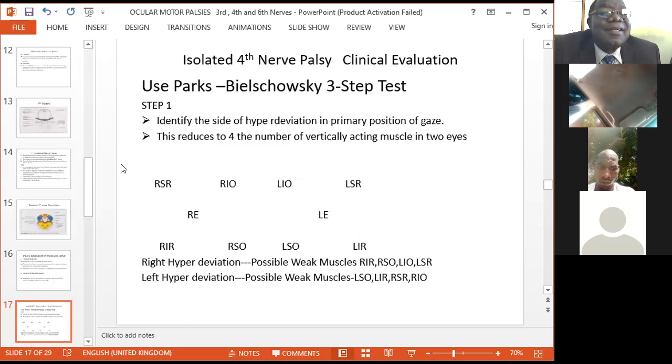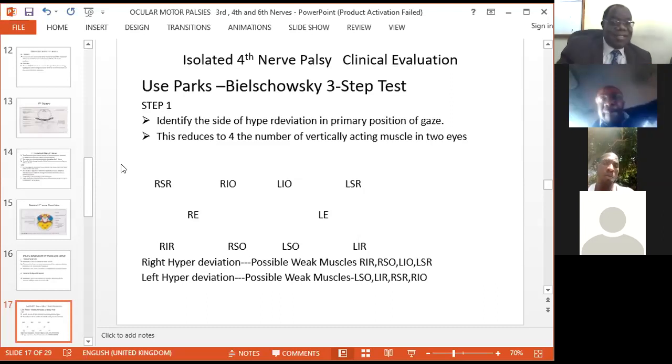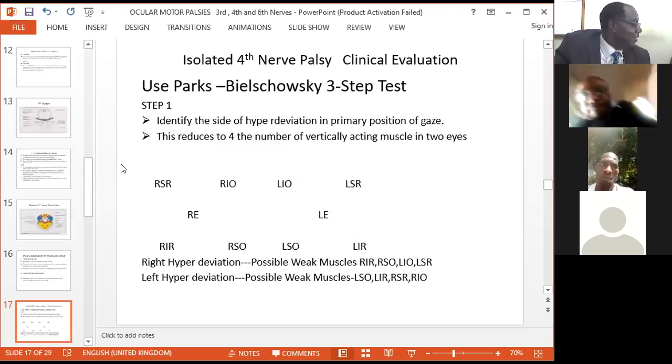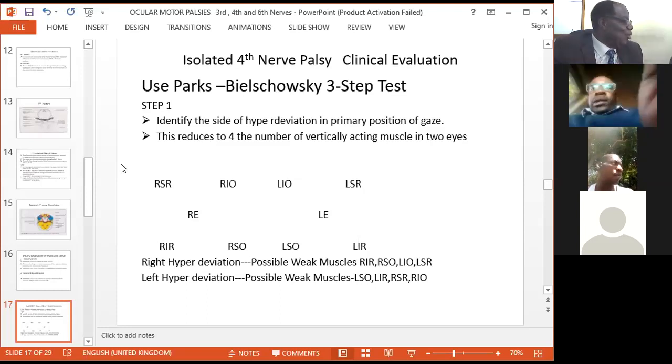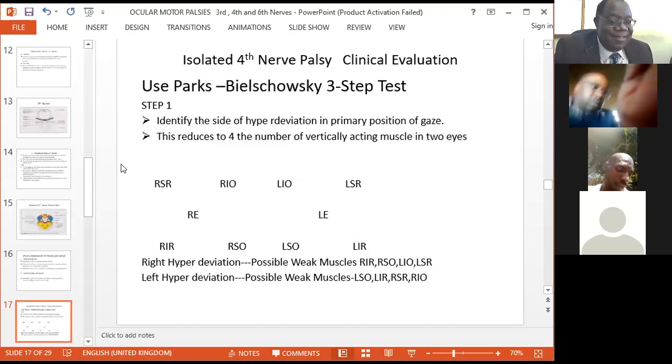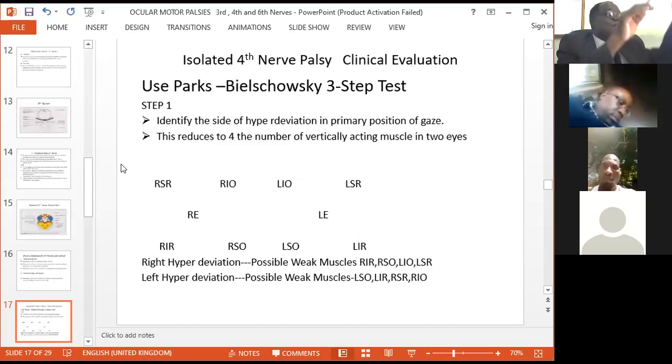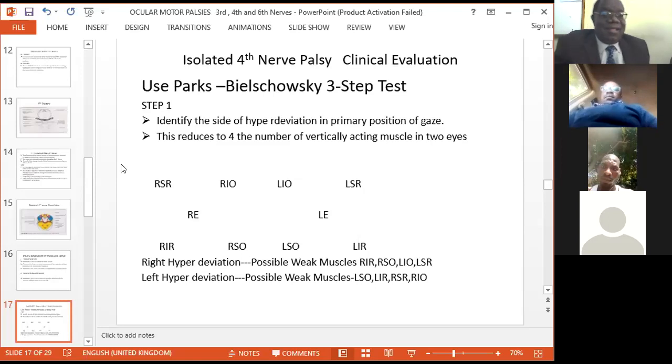In left hyperdeviation, it is the left superior oblique, left inferior rectus, right superior oblique, and the right inferior oblique. These are the weaker muscles. In other words, you are trying to zero in on which muscle ultimately. By just observing which eye is higher than the other, we've got these groups of muscles.